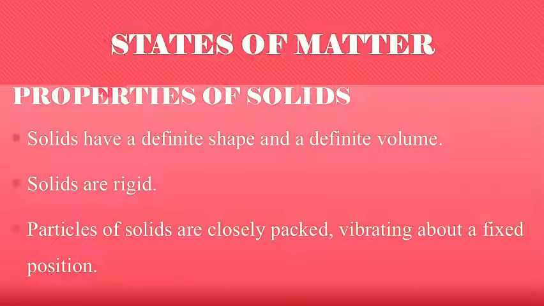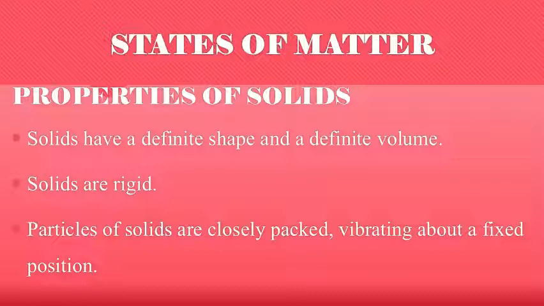Now we will study about the different properties of solids. The first property, solids have a definite shape and a definite volume. The second one, solids are rigid. And the third, particles of solids are closely packed, vibrating about a fixed position.